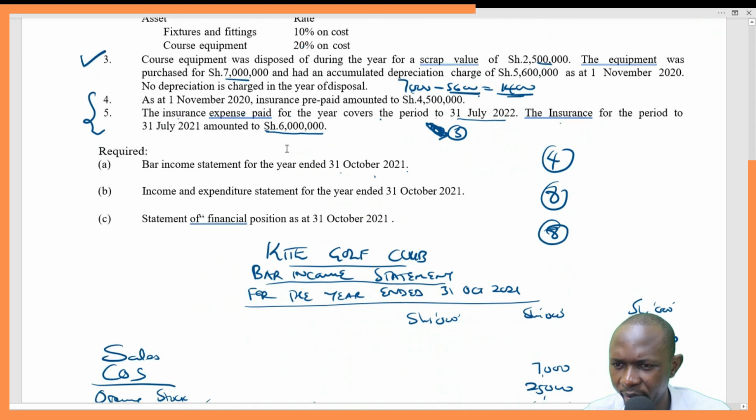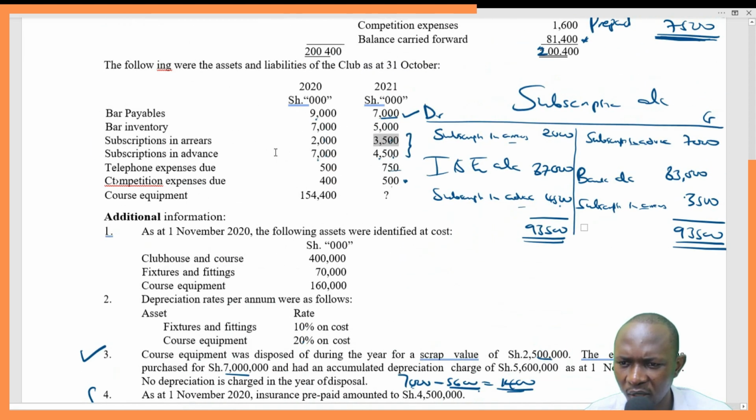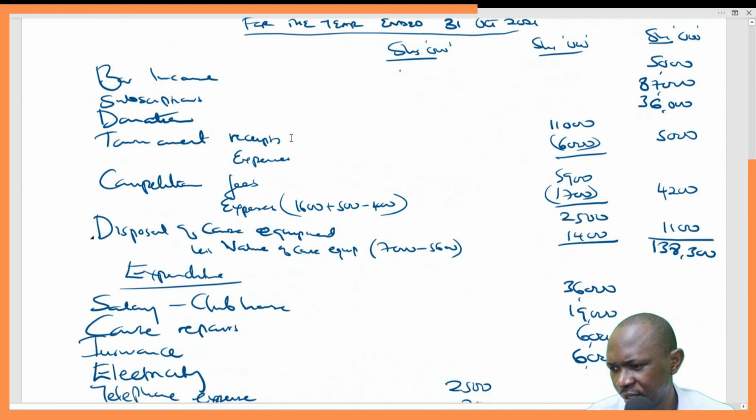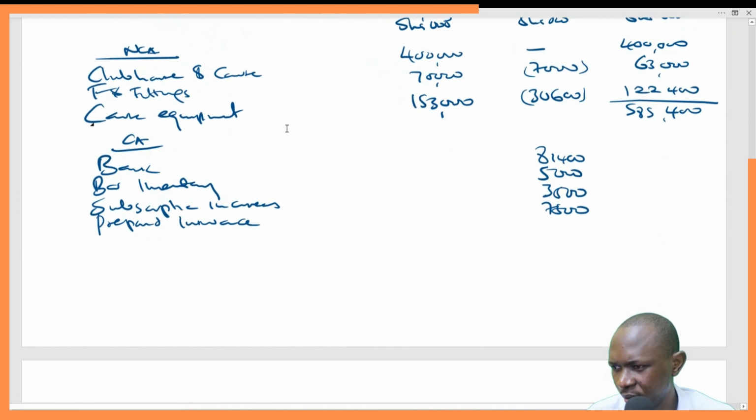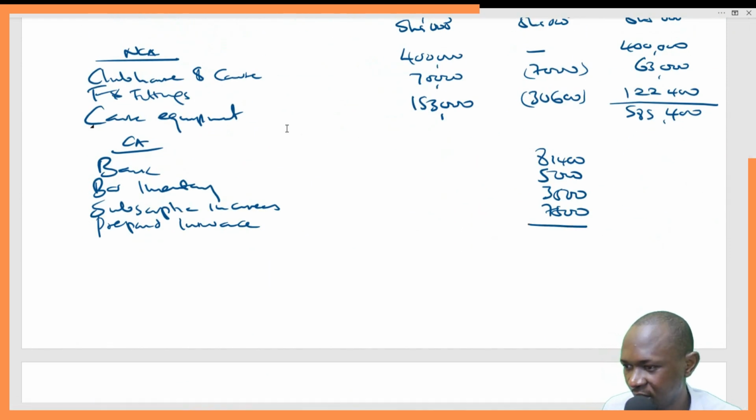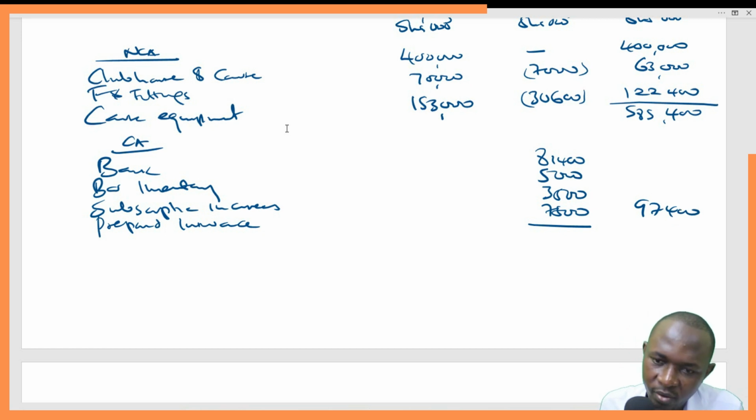I think we are done. Should we find out that there was something missing, we can always come back, but I hope we are done. So 81,400 plus 5,000 plus 3,500 plus 7,500 gives us 97,400. Then we go to current liabilities.